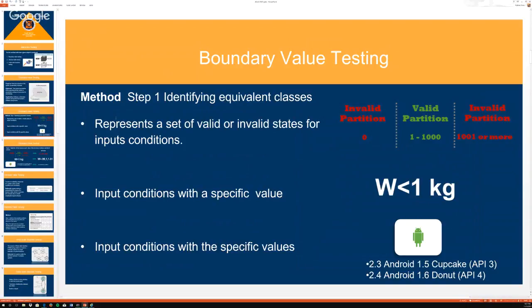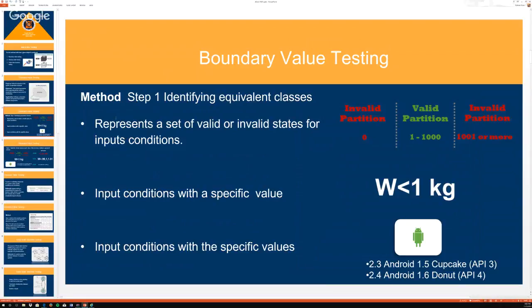For example, in the upper right side of the slide, we can see that we have valid values that are in green, 1 to 1000, and some invalid, 0 or less, or maybe 1000 or more. So we can translate these to our project by, for example, the number of users that the system supports, and that could be a valid portion.